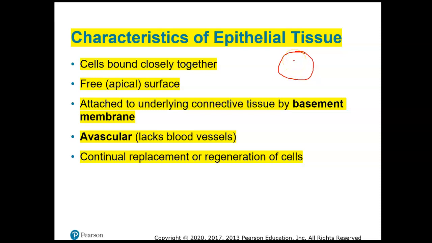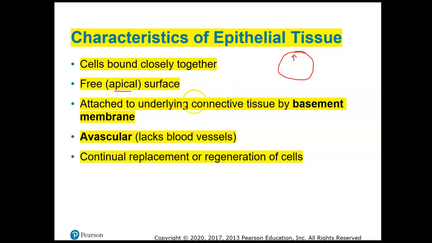So the apical surface is going to be the surface that is exposed to the space inside of that intestine. Inside of an intestine is a tube, so the surface that's exposed to the space inside of that intestinal tube is the apical surface.